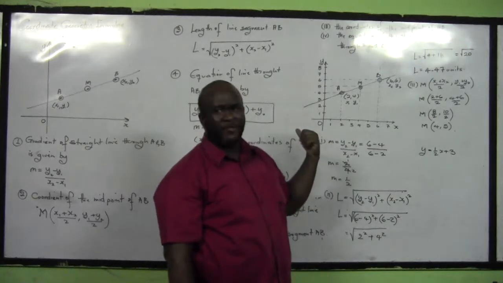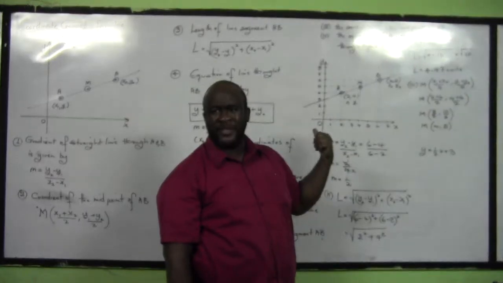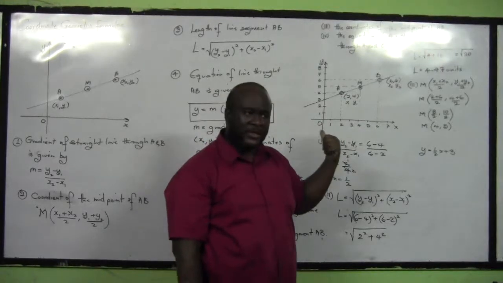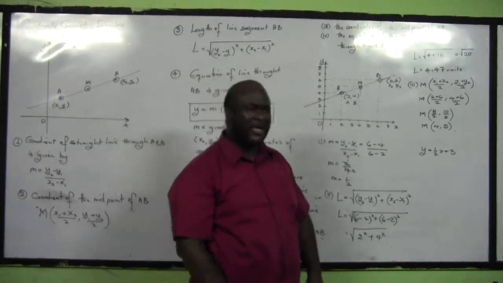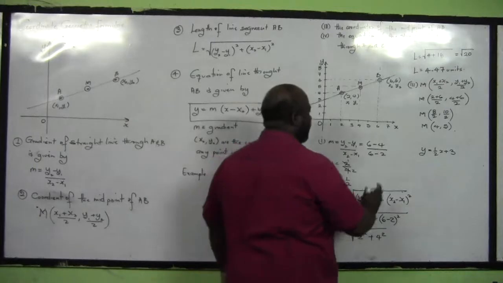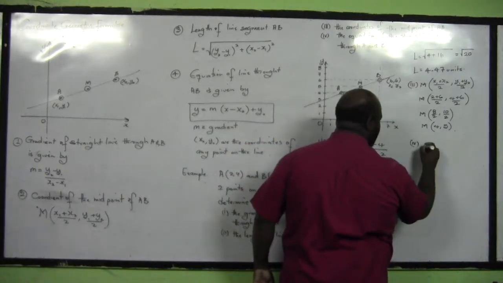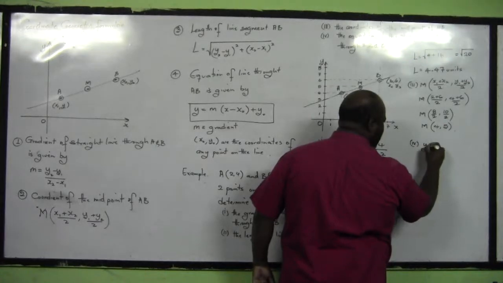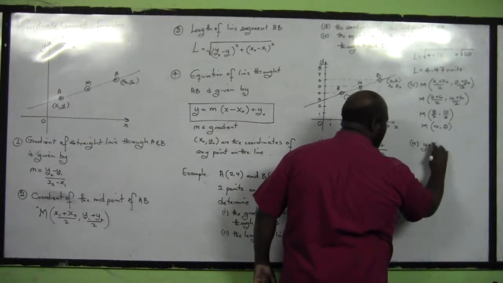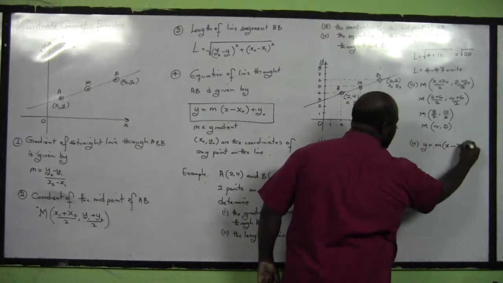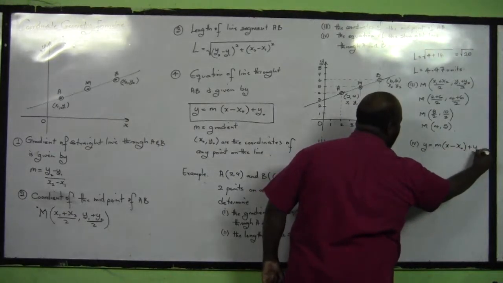But remember, we did not get a diagram, so I can't use a diagram. I have to use calculation. Let us prove this now using calculation, or the formula for the equation of a line. It is y is equal to m into (x minus x naught) plus y naught.